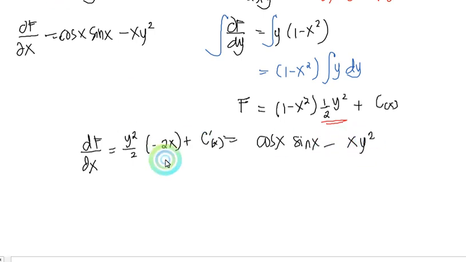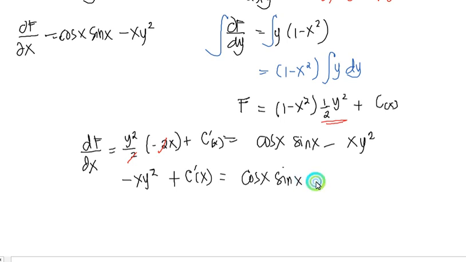So, makancel ni 2 and 2. Mabilin dere, this is negative xy squared plus c prime x is equal to cosine x sine x minus xy squared.